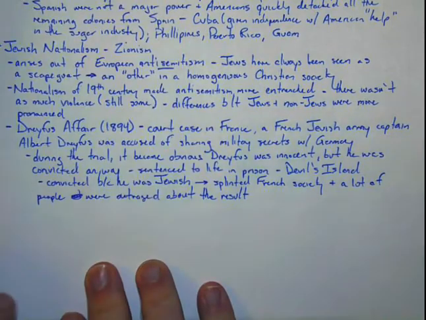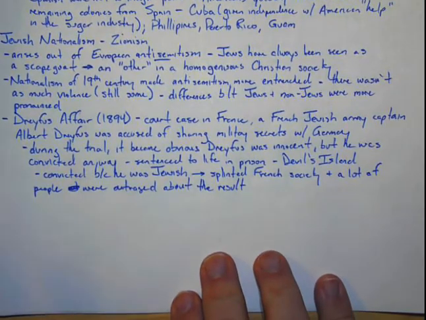But maybe more distressing are the number of people that supported the result, but there was a large outcry from people who were upset that this happened. This was an obvious miscarriage of justice, and this was not fair.